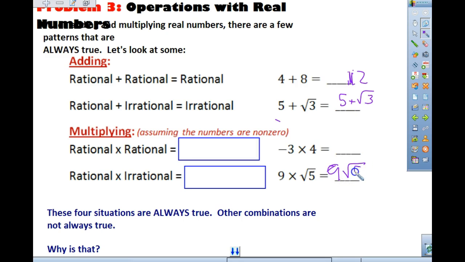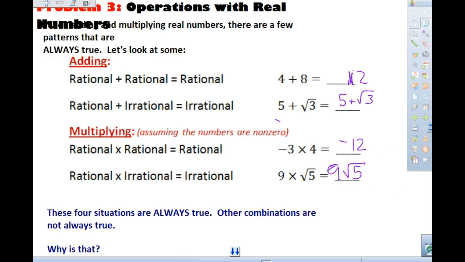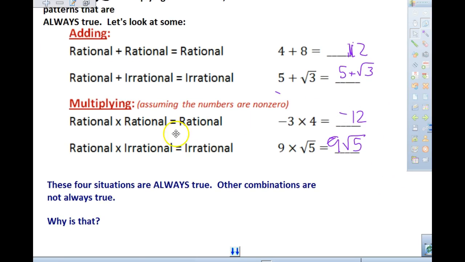We might write it this way in simplest form. We might not write that times, but it's 9 square root 5, right? This one we know, nice, it's negative 12. So the second one happens to be rational or irrational? Irrational. And the first one was rational when we are looking at that.